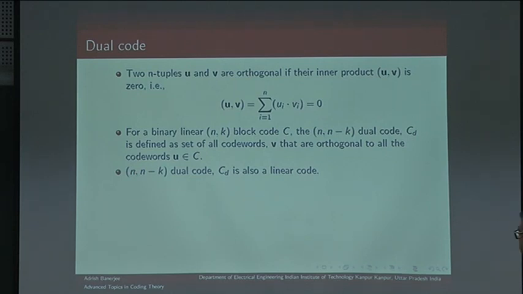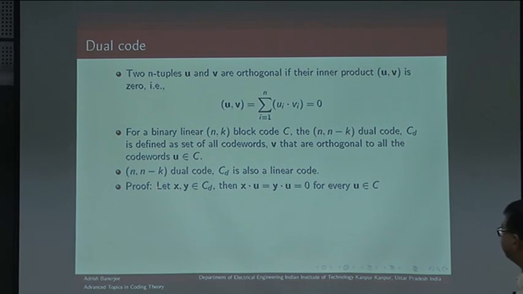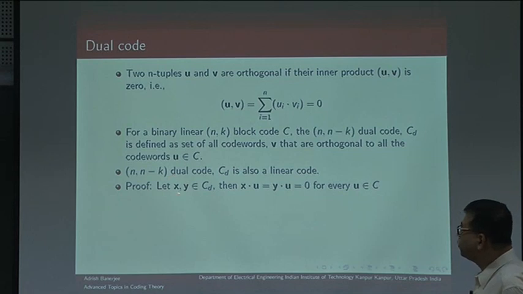Let us just prove linearity. So, let us say x and y belong to this dual code. So, what is the property they have? So, x and y would be orthogonal to the code words belonging to the linear block code C. So, for every code word u which belongs to the original (n,k) code C, x and y would be orthogonal to them.